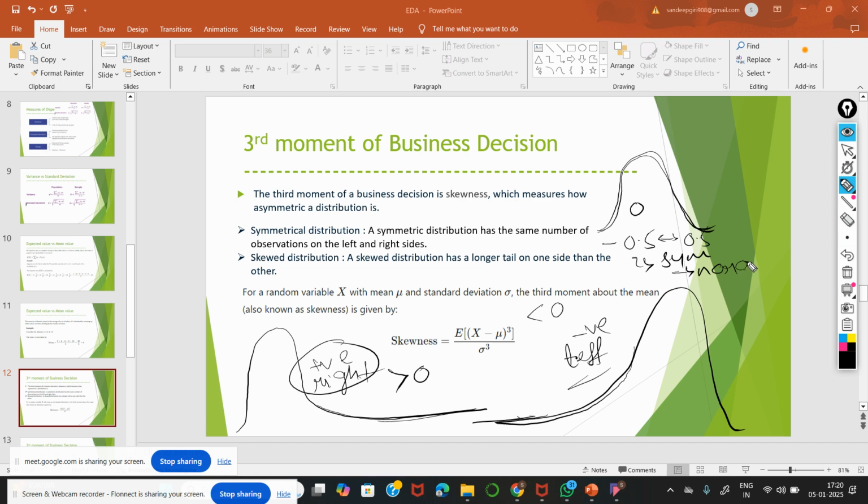So it is not skewed. Basically, if the value is less than -1, we call it negative skewness, and if it is greater than 1, that is nothing but positive skewness. Generally I'm speaking.